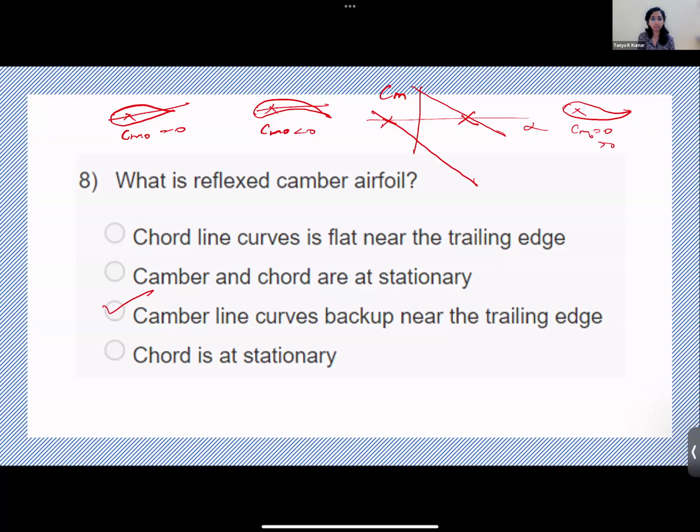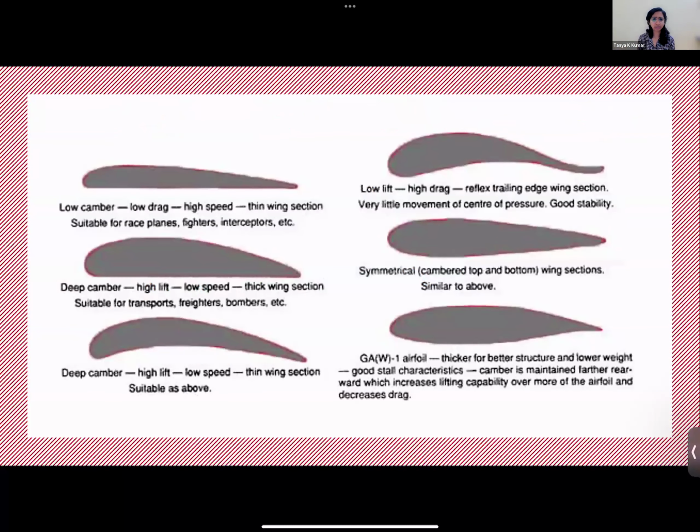It's not mandatory in terms of stability. These are the different types of airfoil that we've seen in the last class. This is the reflex cambered airfoil, with a slight upward curvature towards the trailing edge.